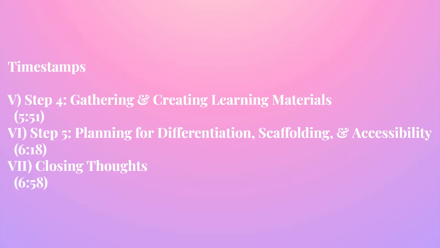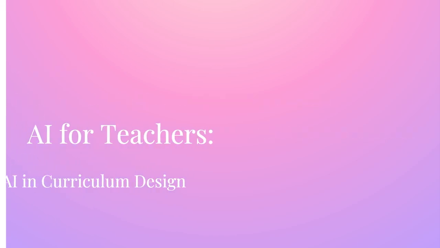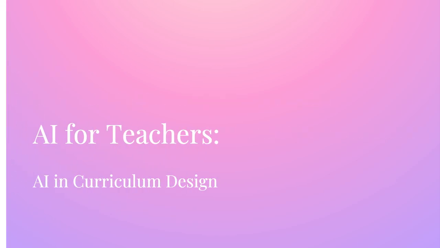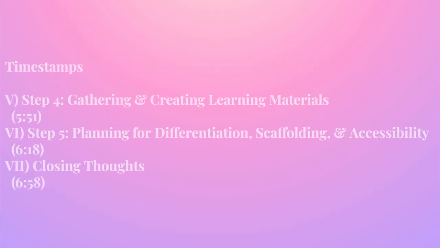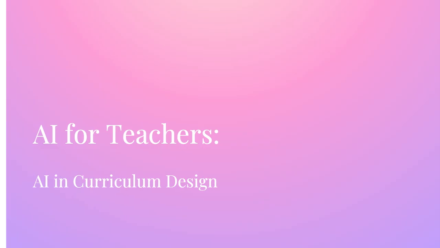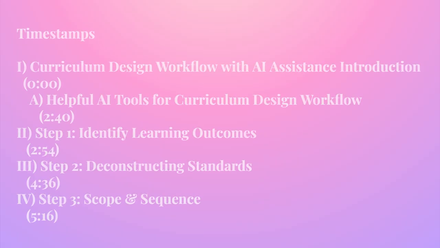In this area, AI assistance can be used to brainstorm public products for a PBL or a project or unit of study, brainstorming anchoring phenomena for that unit of study, brainstorming essential questions, drafting learning outcomes which are aligned to the standards, generating sample performance tasks or products that you may want students to produce, and proposing real-world context for the learning outcomes. In step 2 of the curriculum design workflow, you deconstruct the standards.